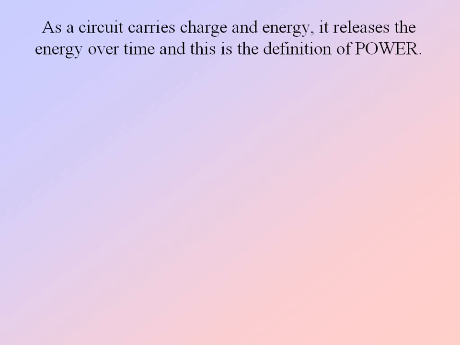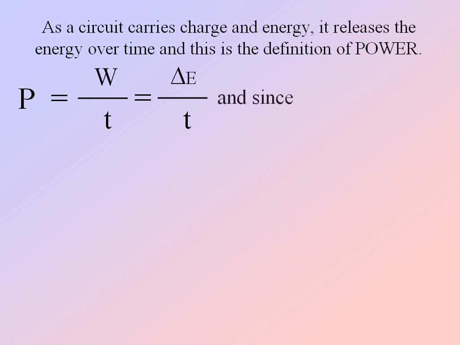As a circuit carries energy and charge, it releases the energy over time, and this is the definition of power. Power is equal to work over time, or in other words, a change in energy over time.